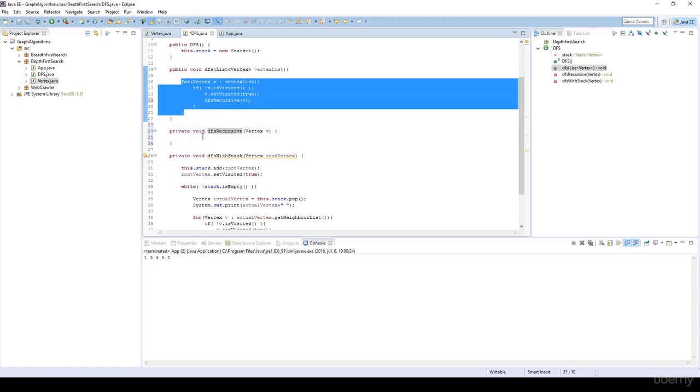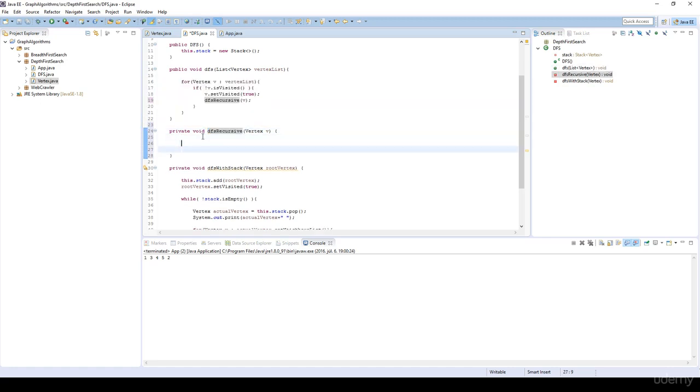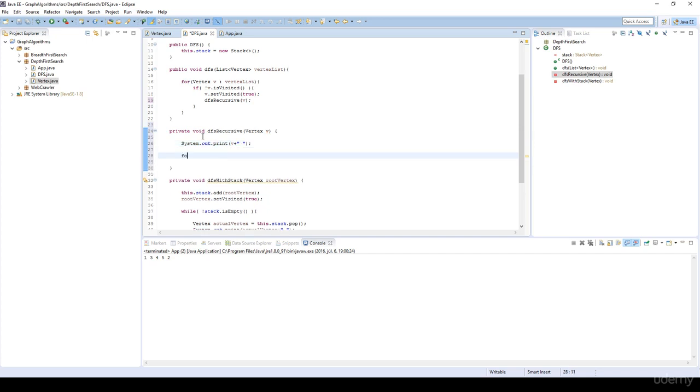Okay, so first I'm going to system out println the v vertex plus some spacing. We have to consider all the neighbors of this given vertex. So vertex v dot get neighbor list.